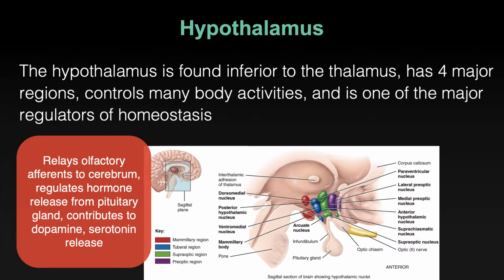Critical in regulating blood pressure. There are centers for respiration. There are centers for regulating fluid balance. The hypothalamus is sensitive to changes in homeostasis and works really hard to maintain homeostasis.